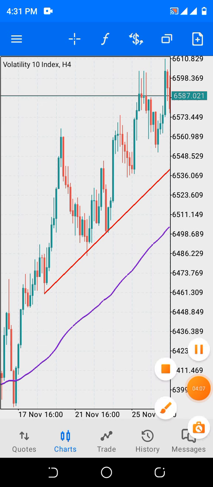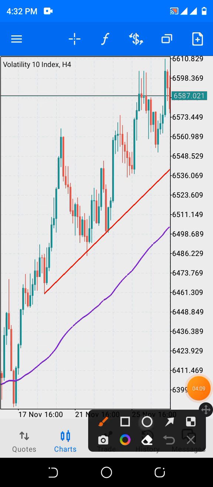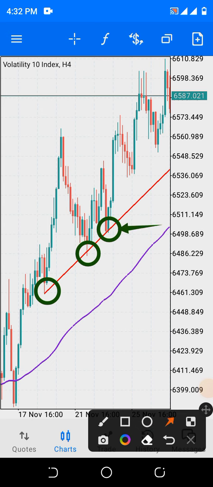Like in this case, we establish the trend line with our first higher low and the second higher low. So our entry should be at the third. Do you understand? So here should be our entry. Now our stop loss.